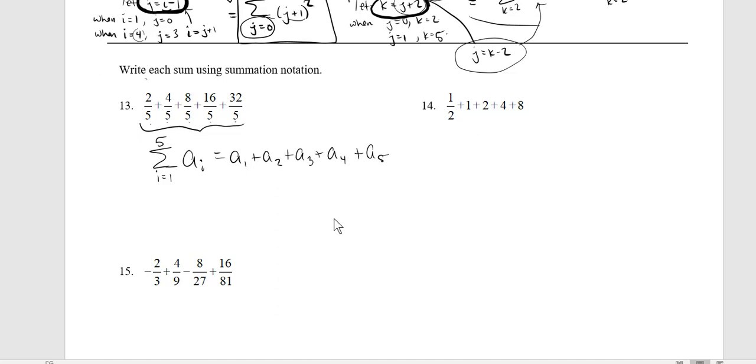So I'm saying a1 is this first guy, a2 is the next term, a3 is the next one, a4 is the next one, a5 is the next one. Now our job is to come up with an expression for what this looks like in terms of i, the position in line that we're at: i equals 1, i equals 2, i equals 3, i equals 4, i equals 5. I need an expression for this ith term.